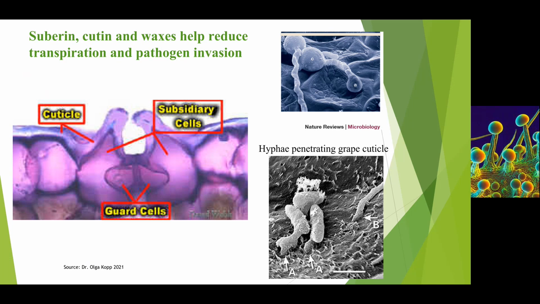Many of these waxes act as a part of how plants transpire. They help with the structure and enable the movement of the different gases and liquids involved in transpiration.